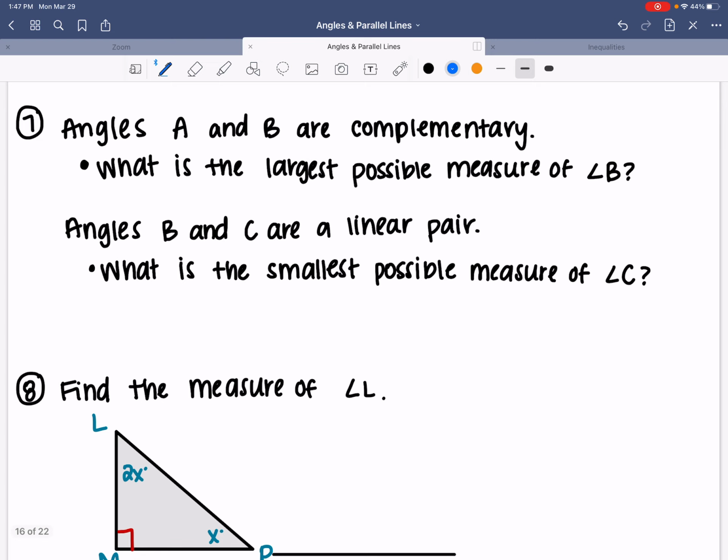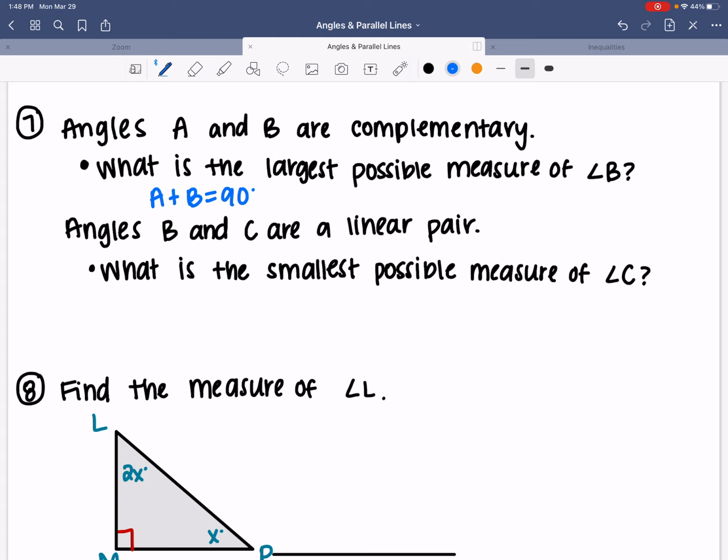Number 7, angles A and B are complementary. What is the largest possible measure of angle B? So if A plus B must equal 90 because they're complementary, what's the largest measure of angle B? The largest that angle B could possibly be is 89 degrees, right?